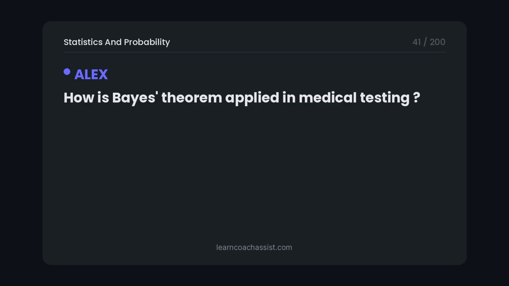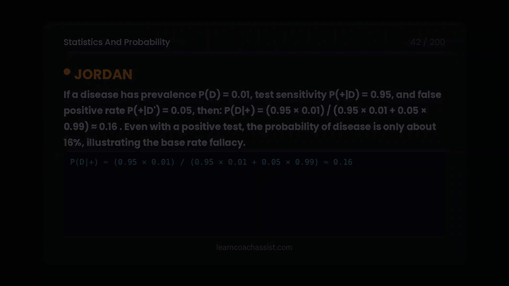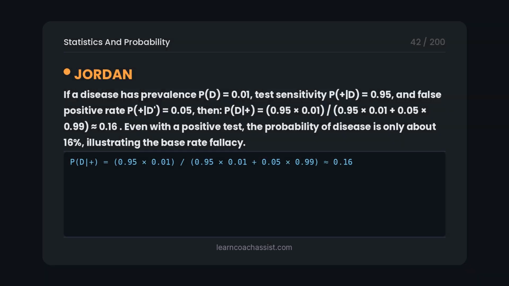How is Bayes' theorem applied in medical testing? If a disease has prevalence P(D) equals 0.01, test sensitivity P(+|D) equals 0.95, and false positive rate P(+|not D) equals 0.05, then P(D|+) equals (0.95 times 0.01) divided by (0.95 times 0.01 plus 0.05 times 0.99), which is almost equal to 0.16.